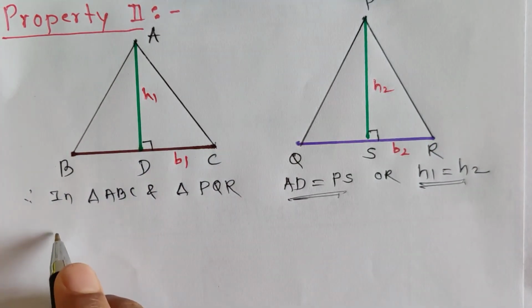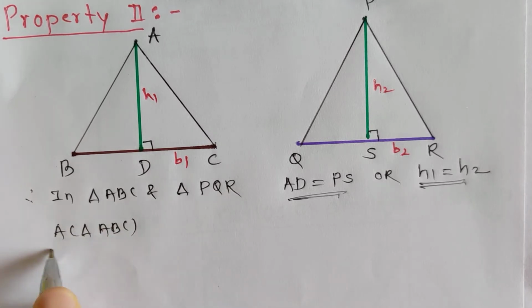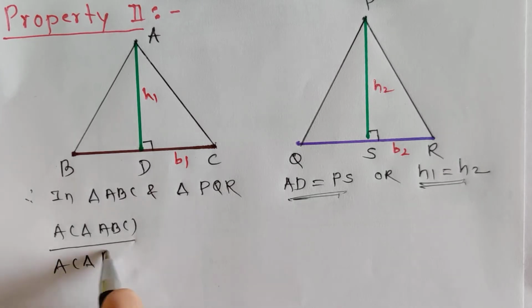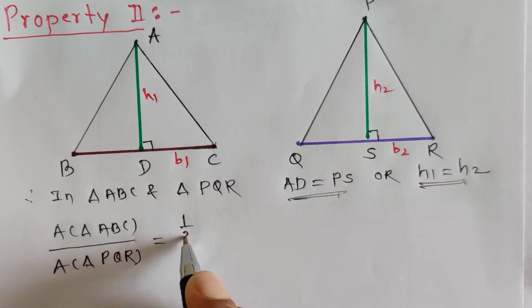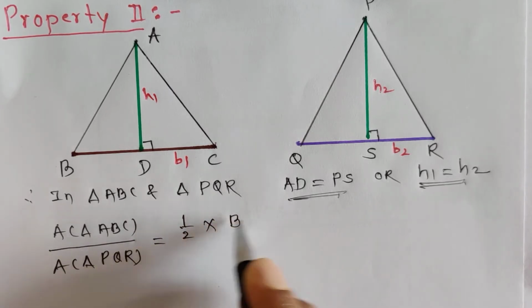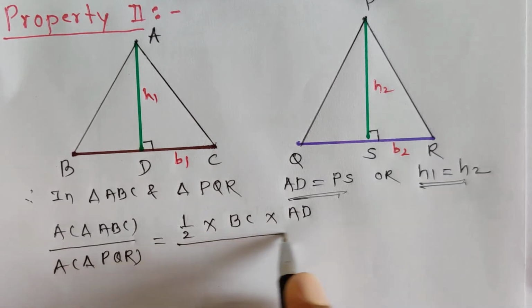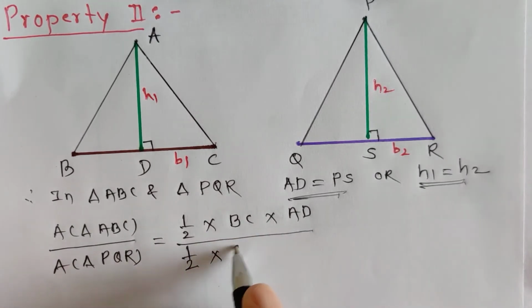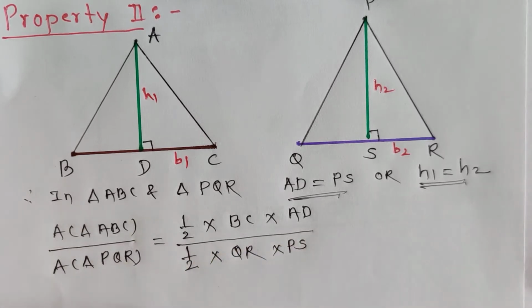So directly we can write area of triangle ABC divided by area of triangle PQR is equal to half into BC into AD divided by the formula for the second triangle, QR base into PS height.